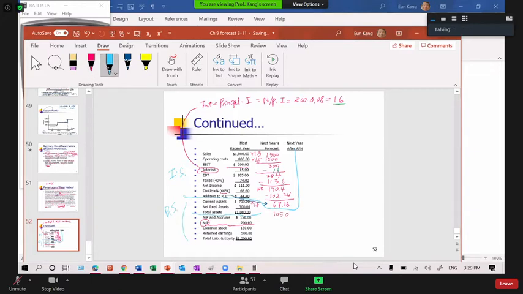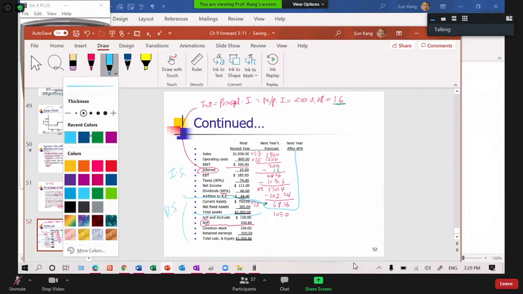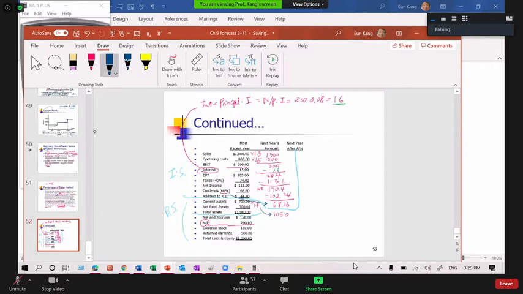Okay, that is this one, 1,050, right? Now it's something you have to pay attention to. That is net fixed assets.